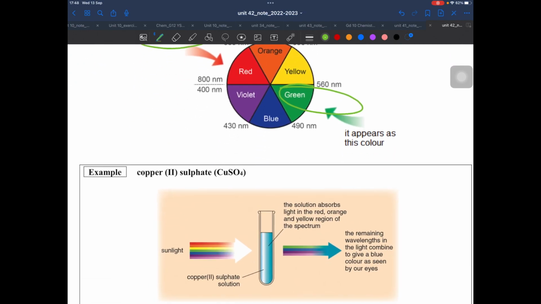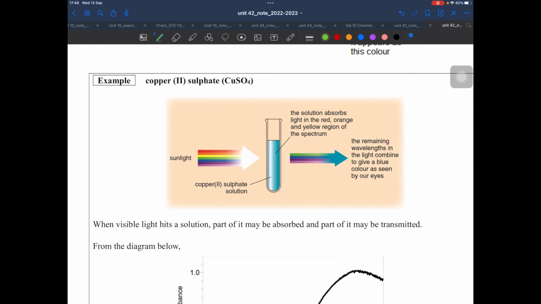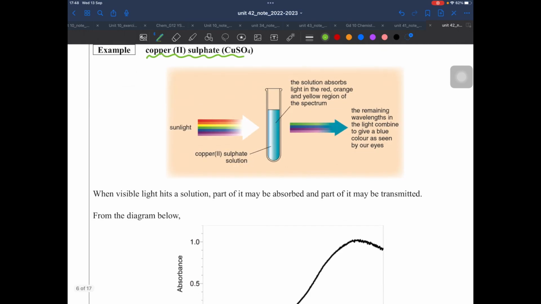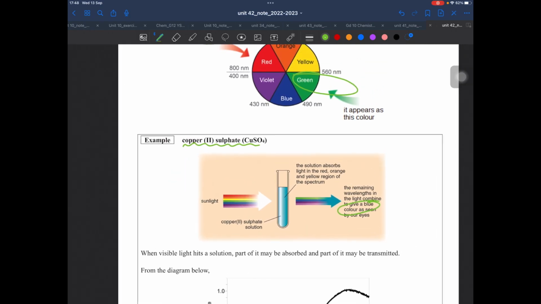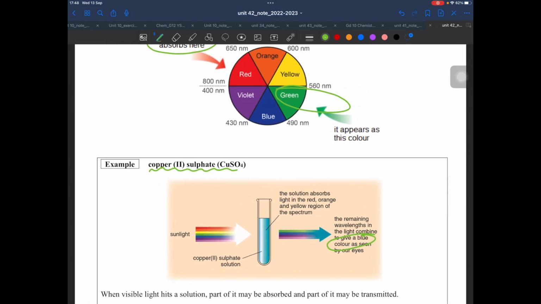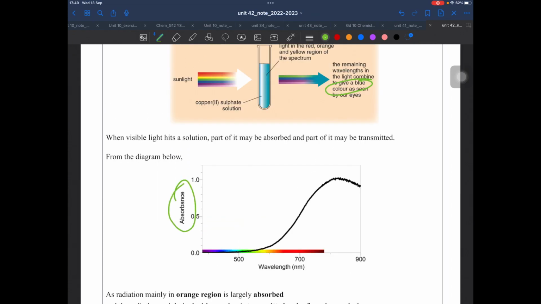Now, here shows a typical example, the copper 2 sulfate solution. I'm sure everyone knows what color it is, right? It shows you blue color. Well, according to the color wheel, if the substance appears blue, that means it will absorb orange. Let's check the absorbance among different colors. So you can see this is violet, just like a rainbow, and this one is red.